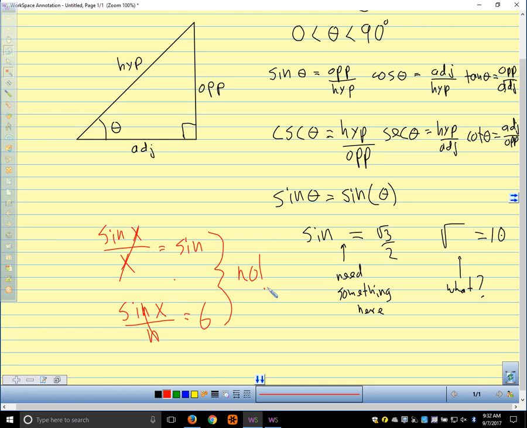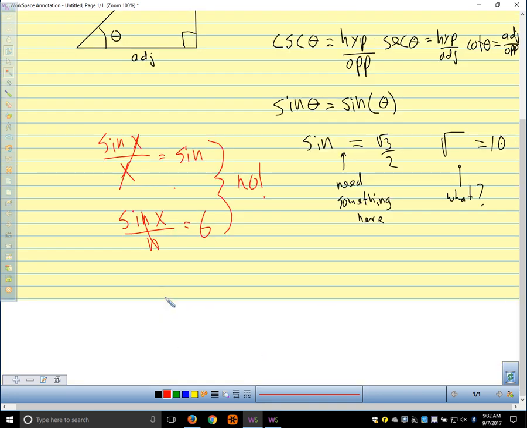All right. Any questions on this so far? So a typical problem that you might see that has to do with these ideas is, I'm just going to go down here, we'll have a triangle, like so.